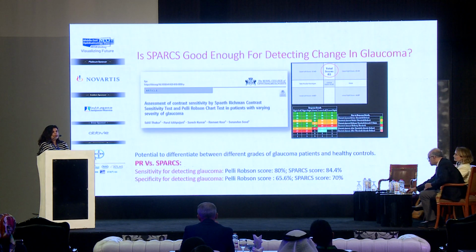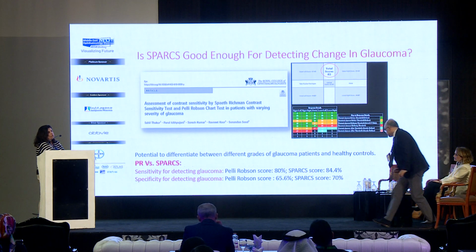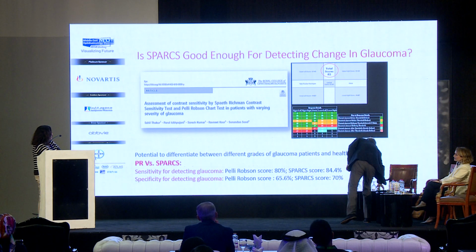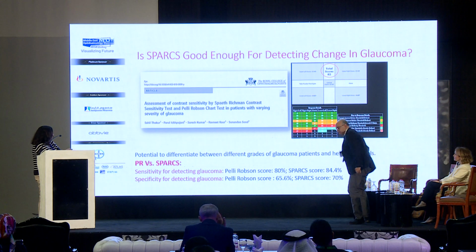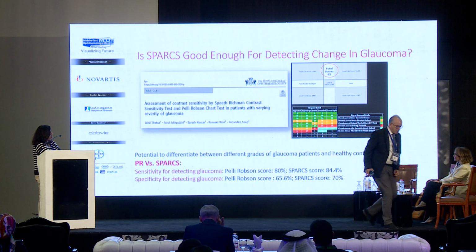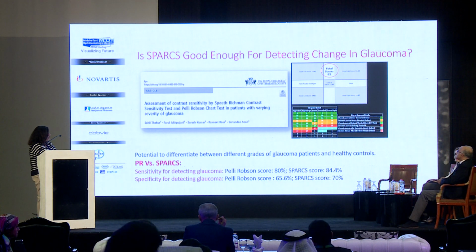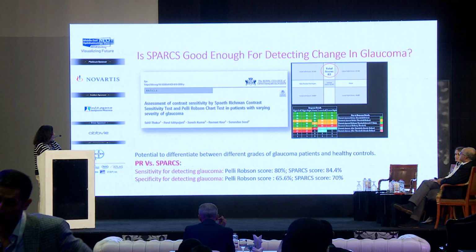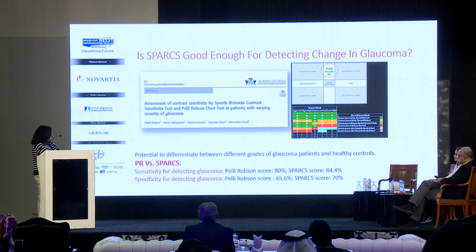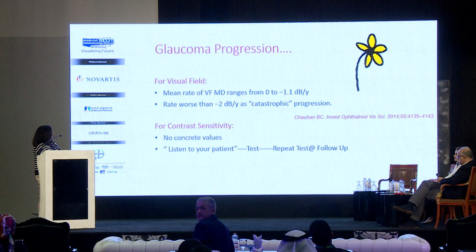Before looking at whether this tool is good enough to detect change in glaucoma, I undertook a small study to differentiate between different grades of glaucoma patients and healthy controls, and we found that it was way better than the Pelli-Robson test, both in sensitivity and specificity.